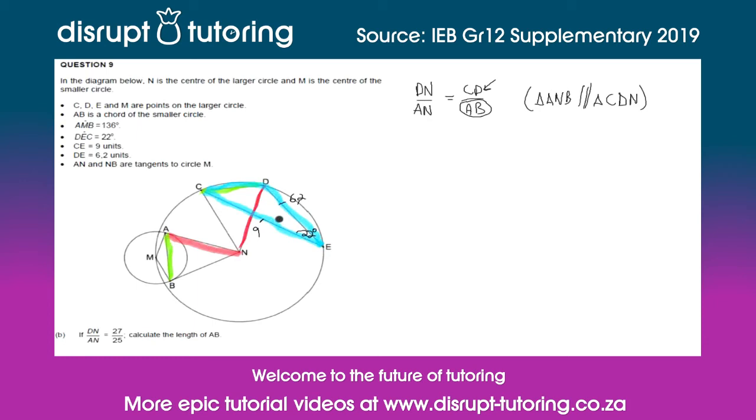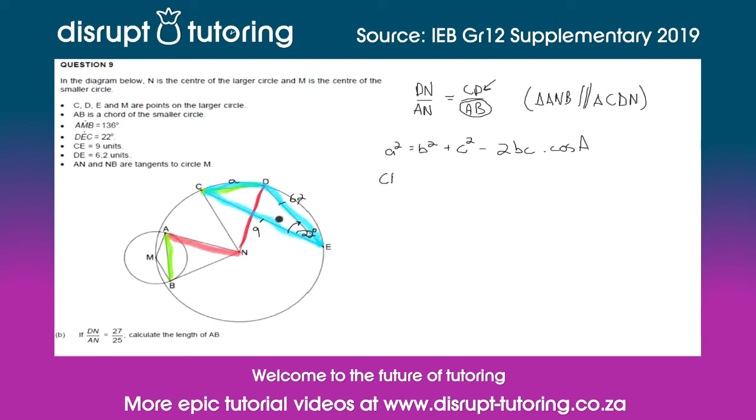And from the formula sheet, we do know that the side a squared equals b squared plus c squared minus 2bc times cos of A. So if this 22 degrees is our angle A, it means that our side a needs to be CD.